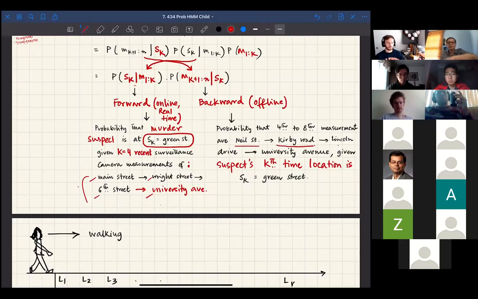It seems like he's far from the murder location, which gives you some pause that, hey, this probability looks small. Because if he was at Green Street at S_K, it's very unlikely that in the next time step he would be at Neal, and in the next time step he would be at Kirby. Maybe these measurements are wrong, or maybe he was not really at Green Street at that time.